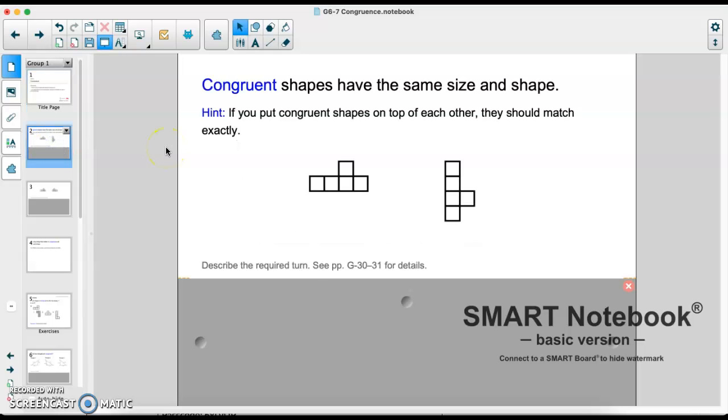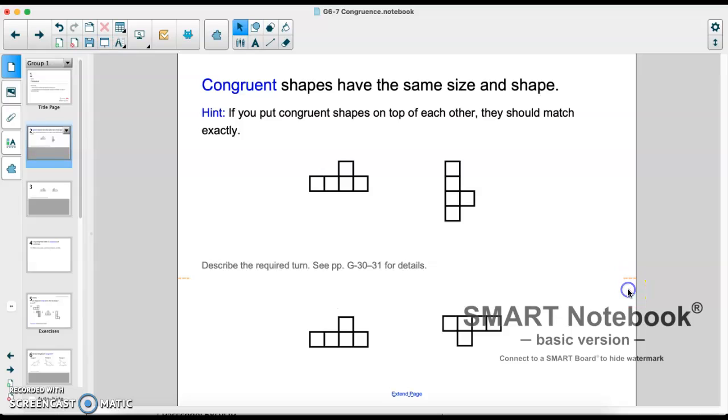So just a quick introduction on congruent shapes. Congruent shapes have the same size and shape. Basically, if you put one shape on top of the other, they should match exactly, right? Now you might need to flip or turn a shape. That doesn't matter, but you should be able to put one right on top of the other, regardless of how they're oriented, okay?